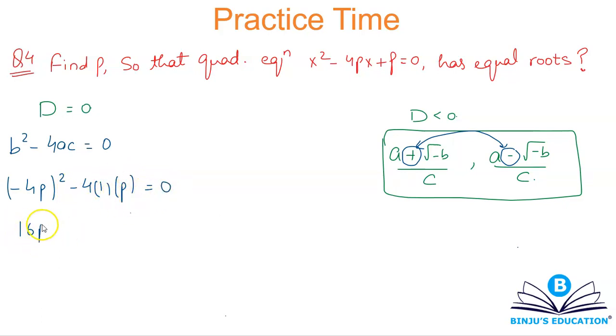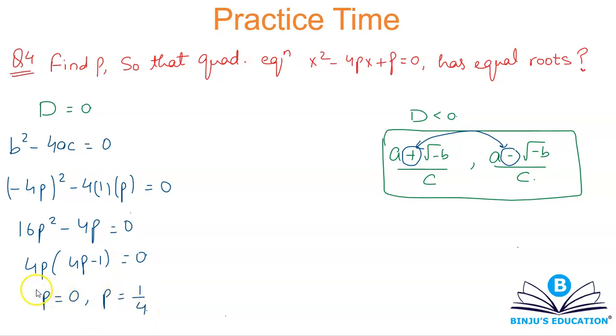So you want 16p square minus 4p is equal to 0. You can take 4p common and this will become 4p into 4p minus 1 is equal to 0. So if you want this to be 0, you can have either p equals 0 or p is equal to 1 by 4.